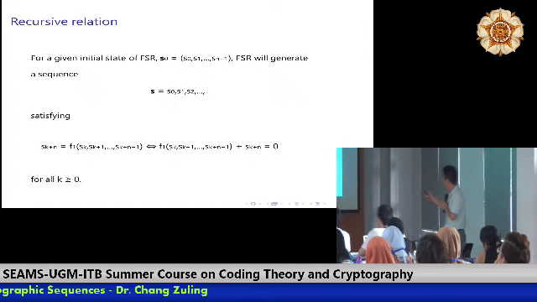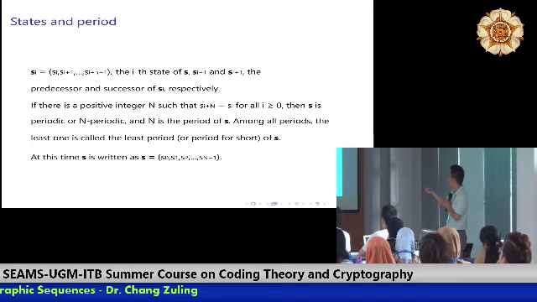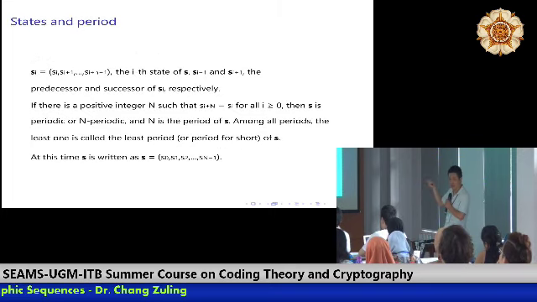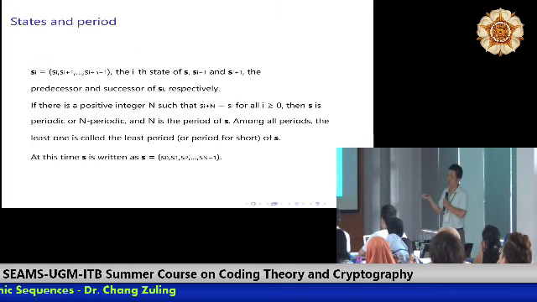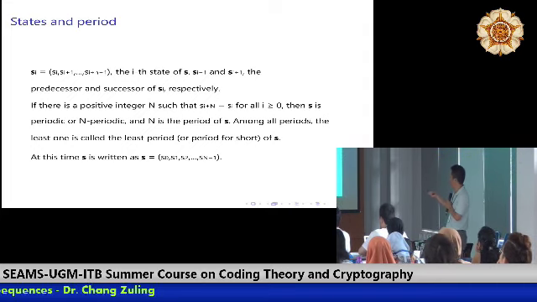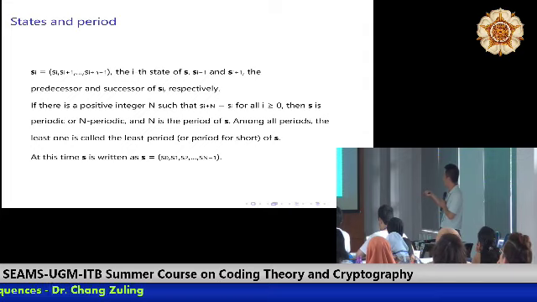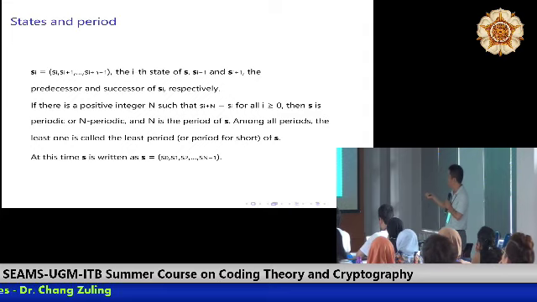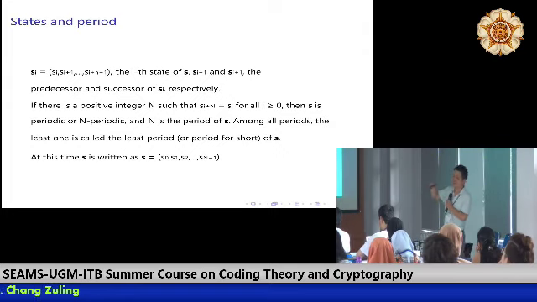Each n-vector is called a state of the FSR. For state Si, S(i-1) and S(i+1) are the predecessor and the successor, the one before and the one after.